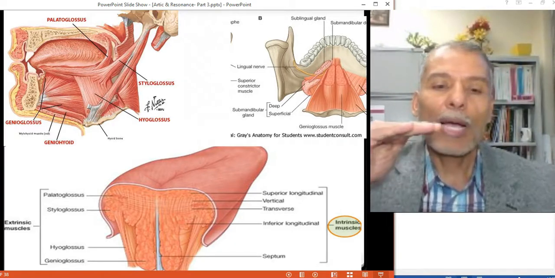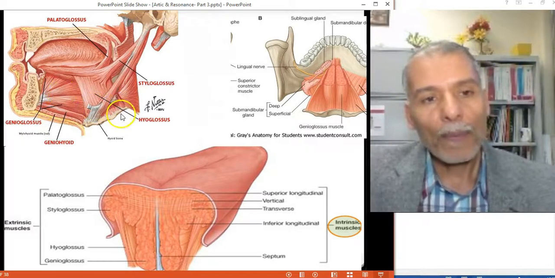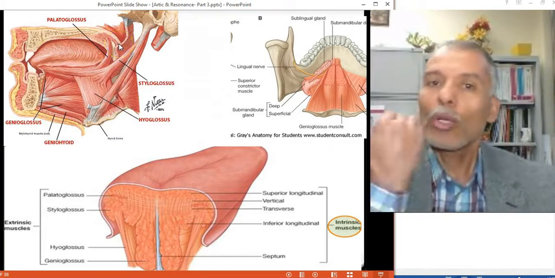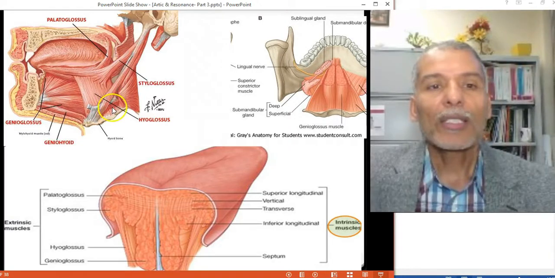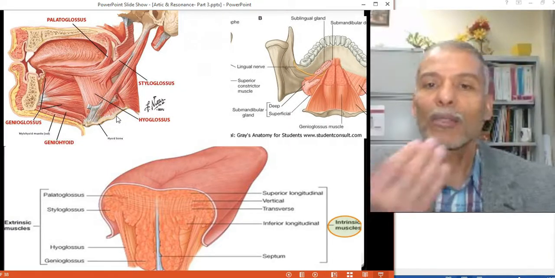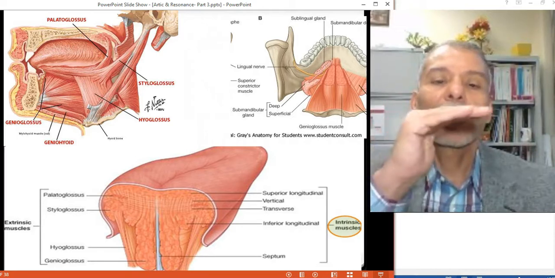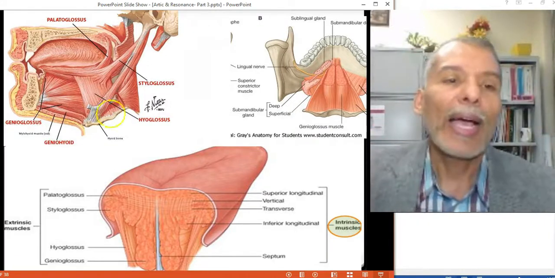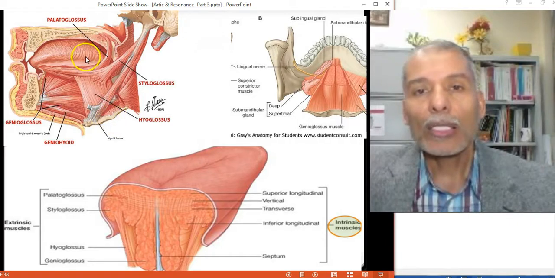And this is why when you go to your doctor, and they want to visualize your pharynx, they would ask you to say ah, basically to take the tongue out of the way. The tongue moves back and down, and the action is performed by the hyoglossus muscle.